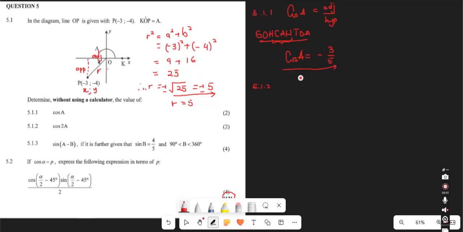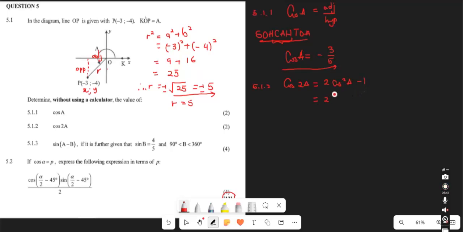Moving on to 5.1.2, they say you must find cos 2A. So here, this is a double angle, and when you're finding a double angle, you can go back to your question paper. I think you are given these things, but as you know from the class they taught you, cos 2A is 2cos²A - 1 for the double angle for cos.